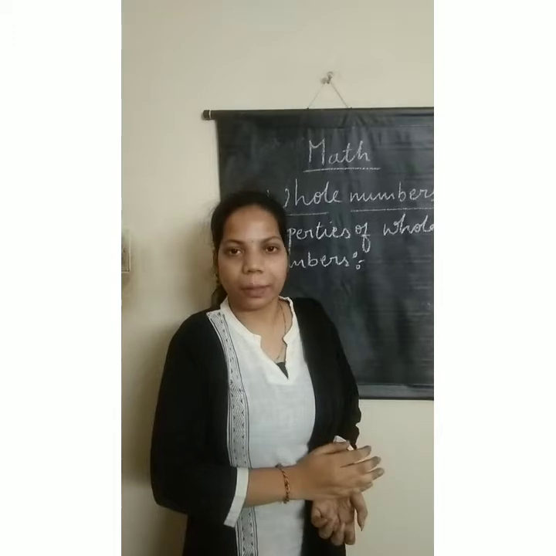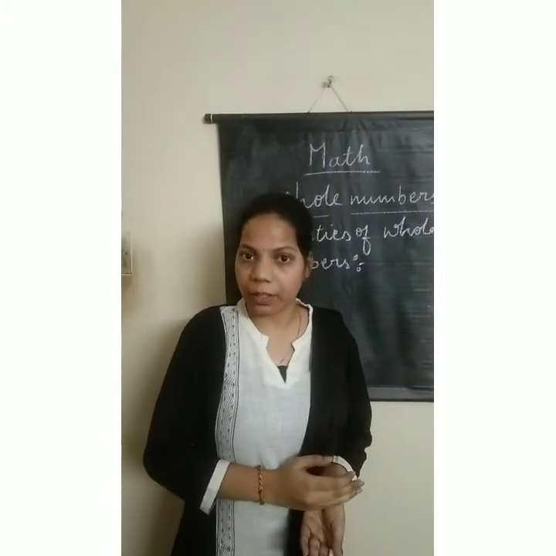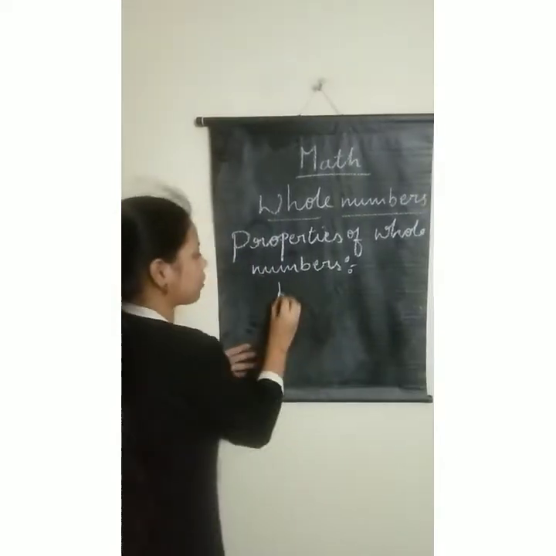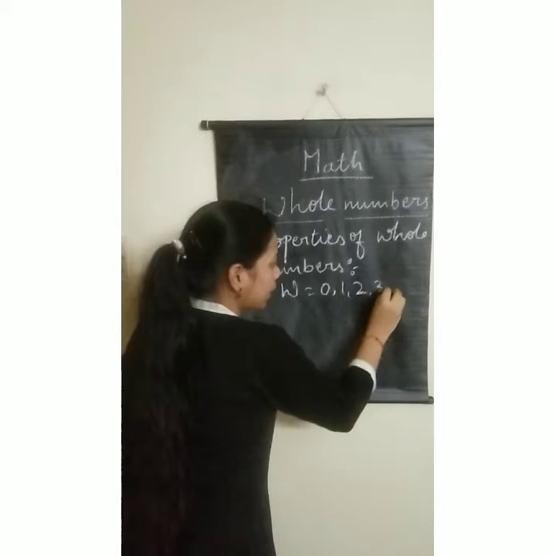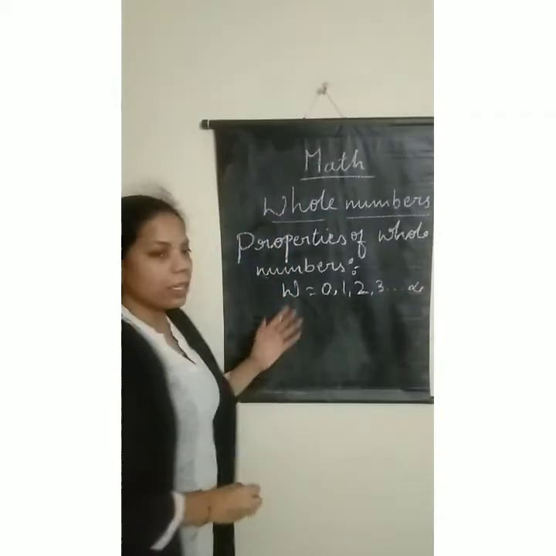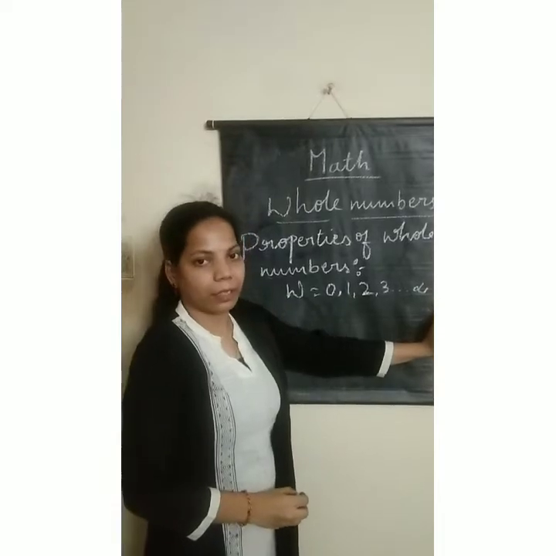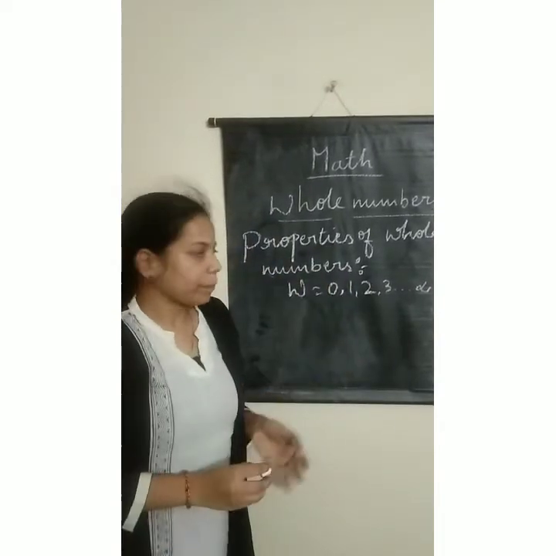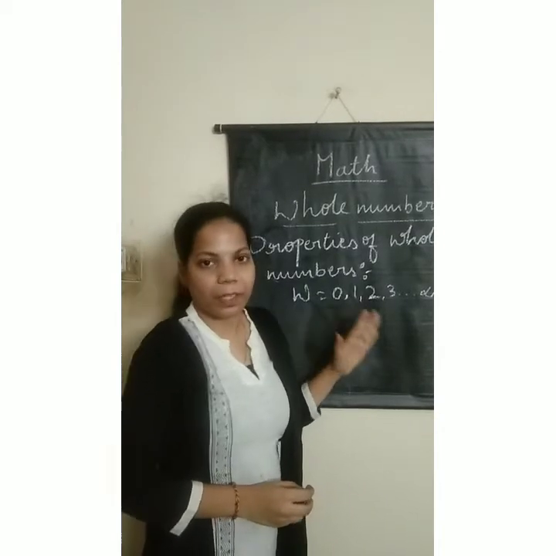Whole numbers are nothing but the natural numbers including 0. 0, 1, 2, 3 and so on up to infinity. Now in properties of whole numbers, first we will see properties of addition.